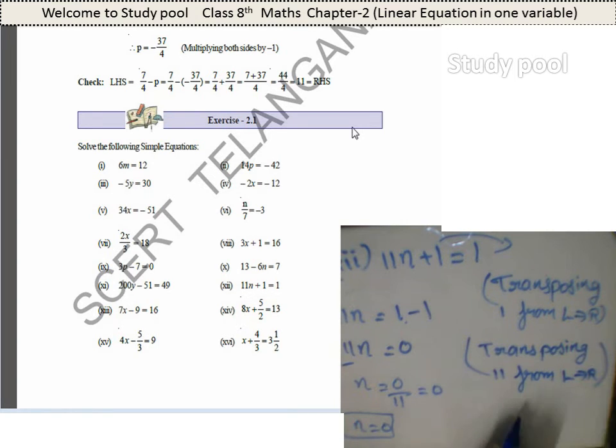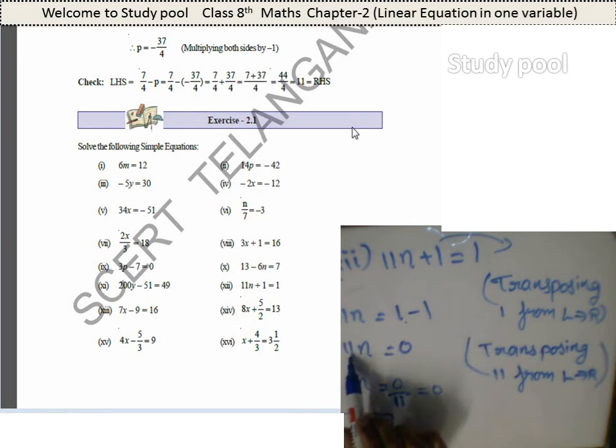Otherwise, why are we getting 11 in the denominator? You may have a doubt. If you transpose 11 from left to right, it will be in the denominator. Why? Because it is multiplied by n, right? 11 is multiplied by n, so it will come to the denominator.